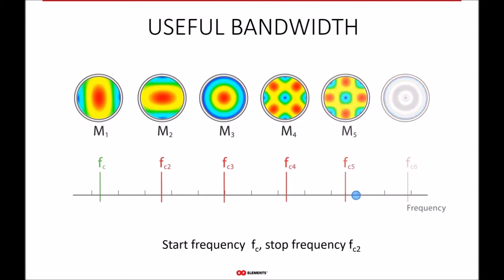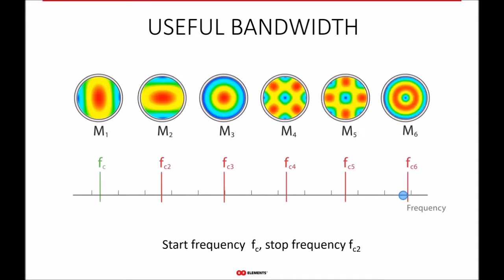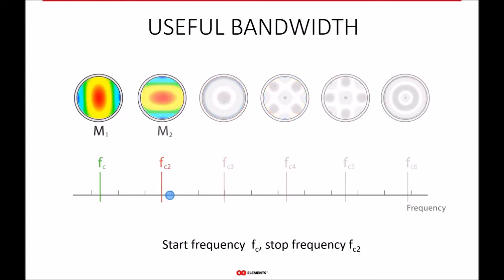So since the higher order modes change the radiation pattern of a horn antenna that might be based on it in an undesired way and make the functioning of the waveguide somewhat hard to predict, we restrict the bandwidth of the operation between FC and FC2 into a so-called single mode regime.